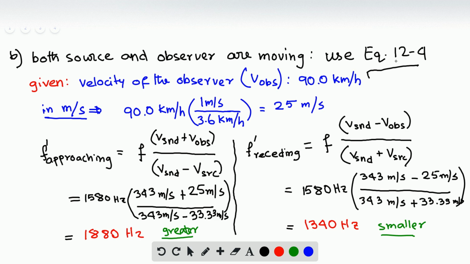If we again look at equation 12.4, we get an expression for this type of calculation.